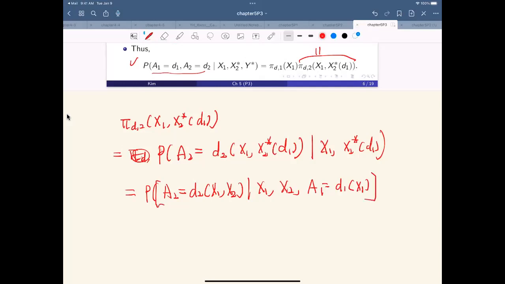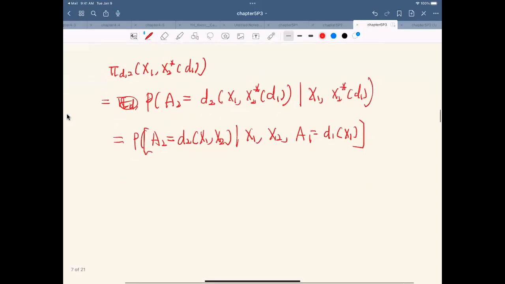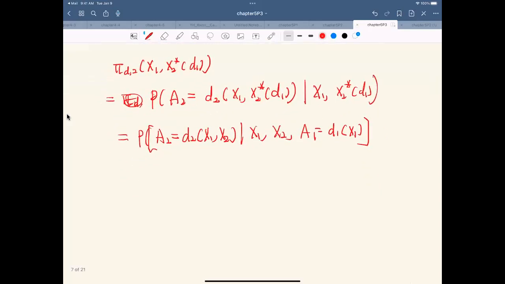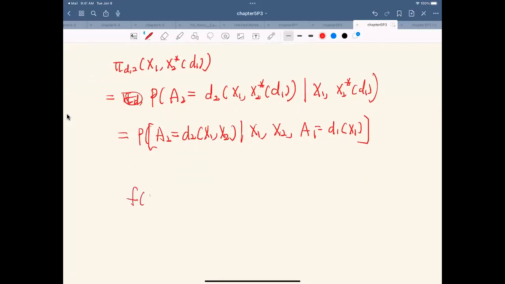It's very similar to the G formula actually. So remember in the G formula what we did.